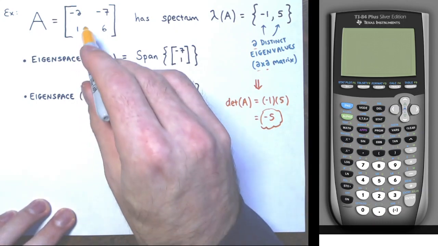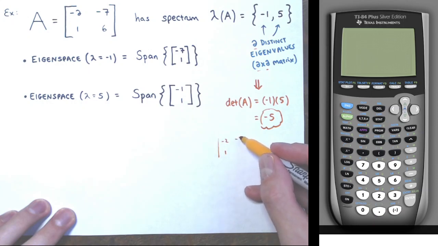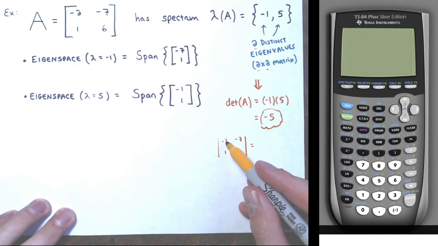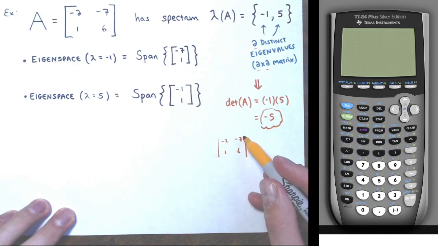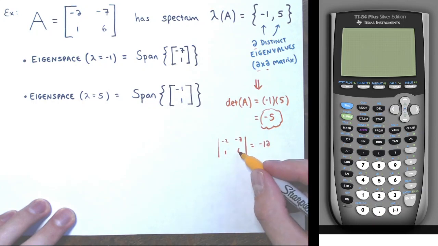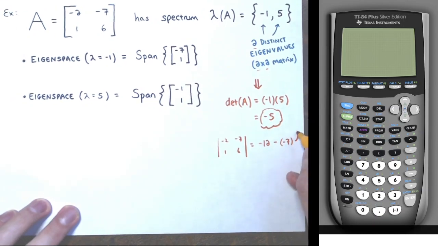What's the determinant of this matrix? The determinant of -2, 1, -7, 6. Now, it's just a 2 by 2. So it's very easy, cross product minus cross product here. That's -12, right? -2 times 6 minus, and then -7. Well, that's -12 plus 7. Hey, look. That is -5.